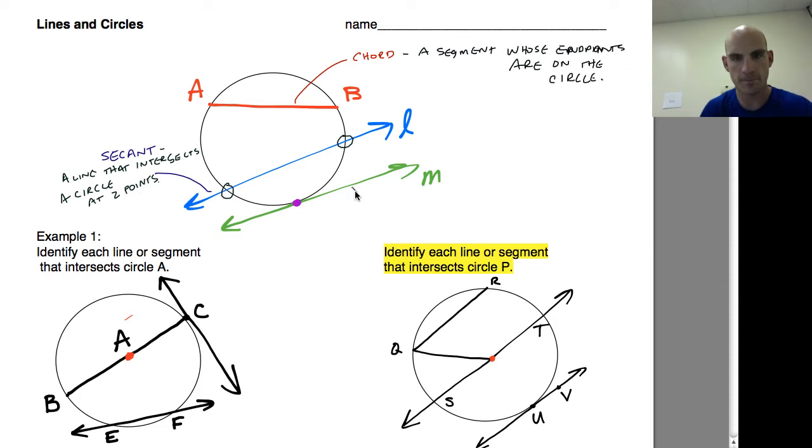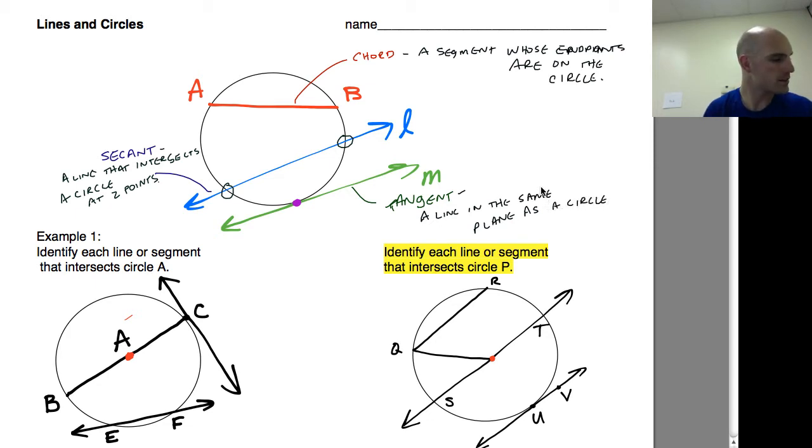The third one, this green one, is known as a tangent. And it's a tangent line, not to be confused with tangent when we're talking about triangles. And a tangent is a line in the same plane as a circle, and it has one intersection point.